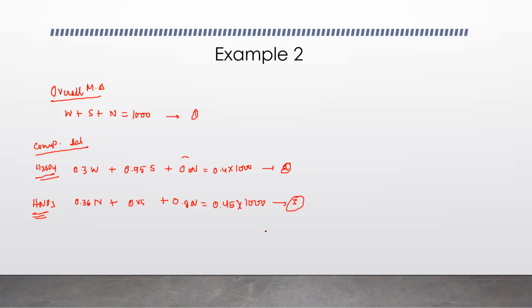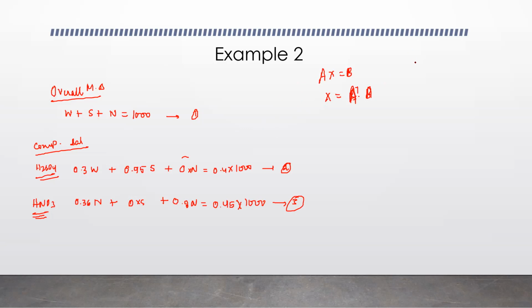So these can be solved, either you can directly use your scientific calculators for solving these equations, or you can use the simple matrix method. AX is equal to B, hence X is equal to A inverse of B, right?